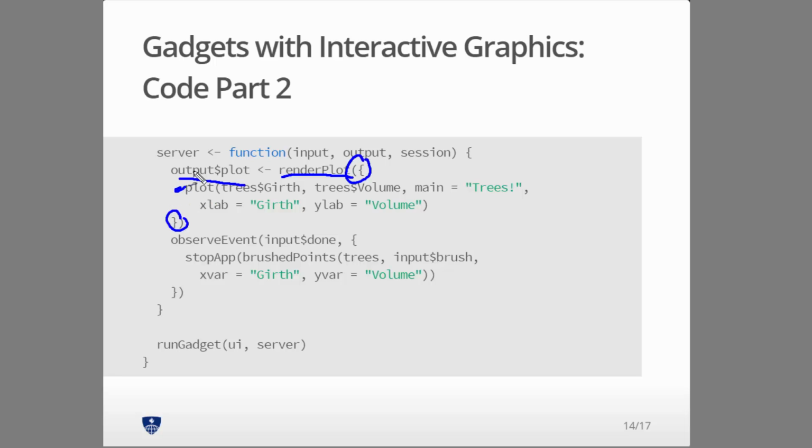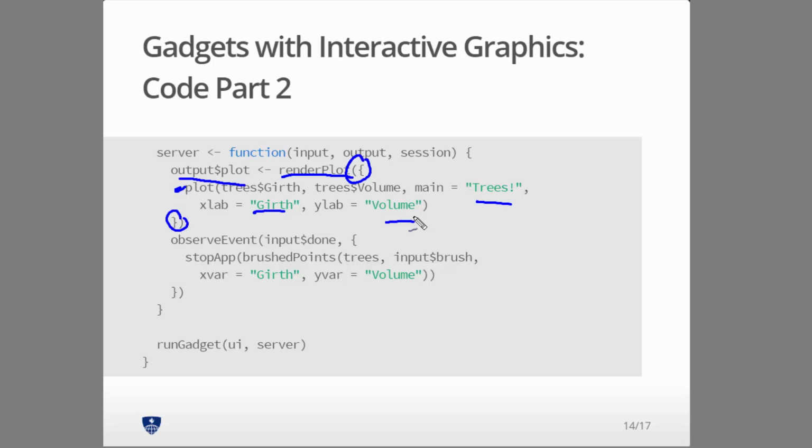So the actual plot that we're going to plot is going to be trees, the data set trees, girth by volume. The title is going to be trees, and it's going to have an x label of girth and a y label of volume. Okay, so that's the plot that's going to get passed back to the UI with the variable name plot.